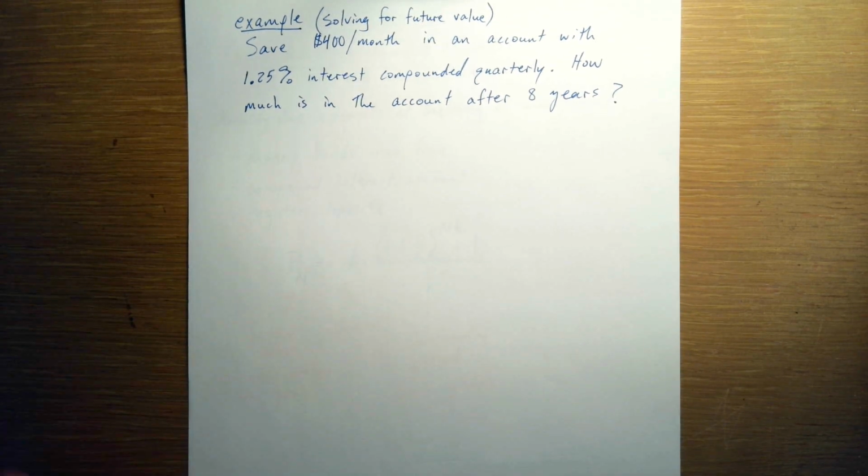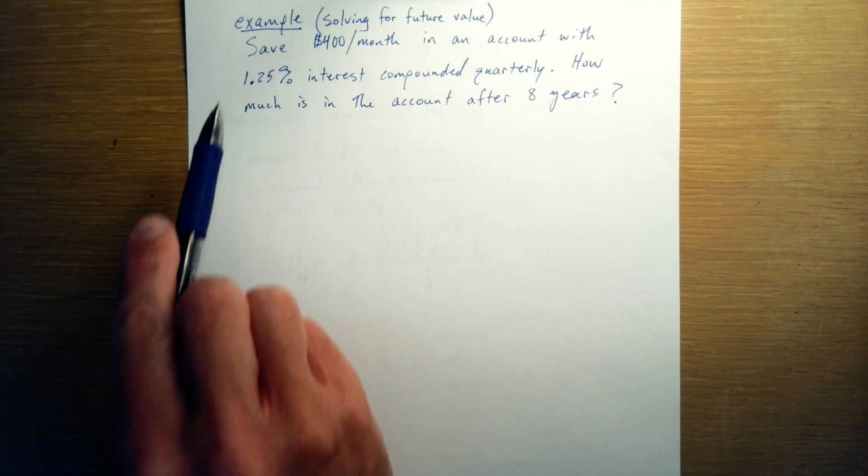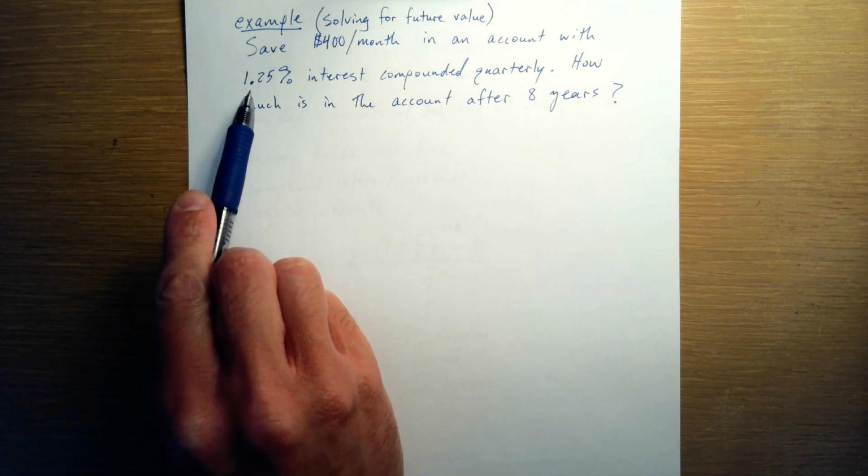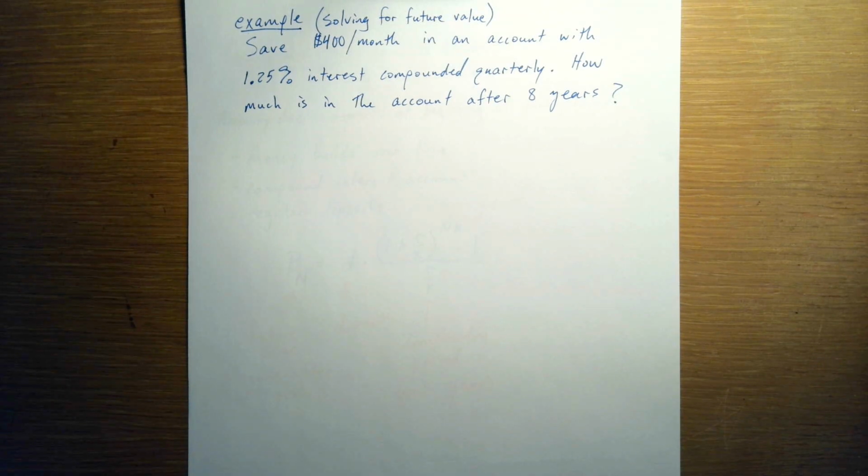Our most straightforward example will be solving for future value. So here's our setup. You want to save $400 per month, and that money you take and place into an account. Your account is a compound interest account, has a nominal rate of 1.25%, and is compounded quarterly, which means 4 times per year. So our question is, after 8 years, how much money is in the account?